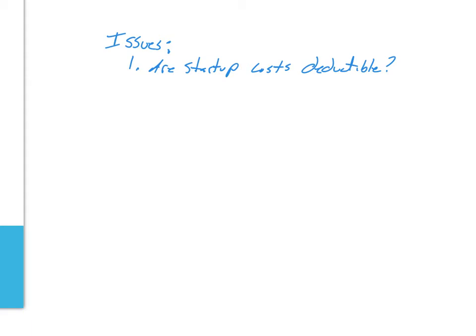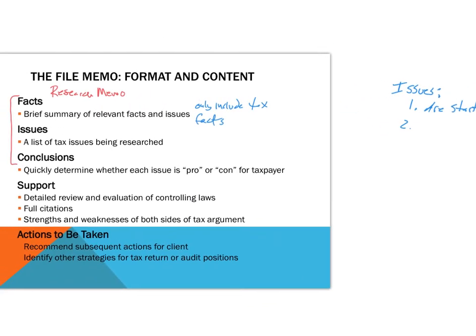Okay, so that could be one of your issues. And then your next issue would also have a number, and it would be listed as a single sentence question that's answerable yes or no. Okay? And we'll see how that flows.